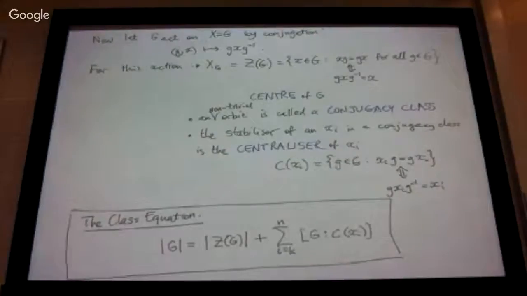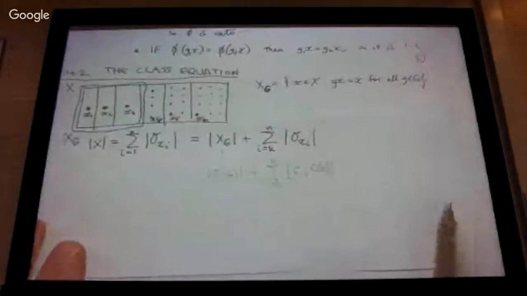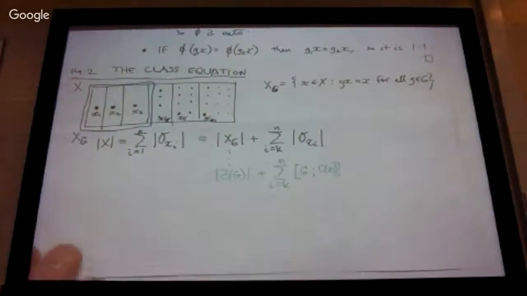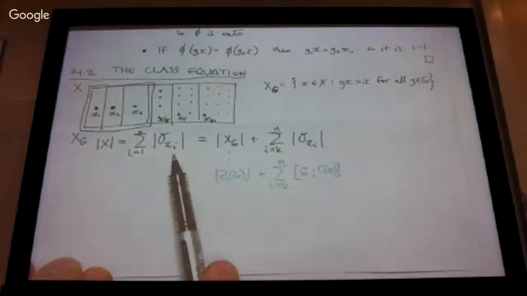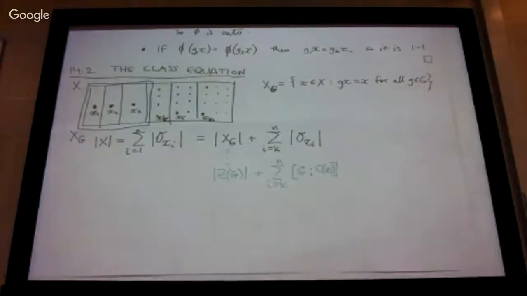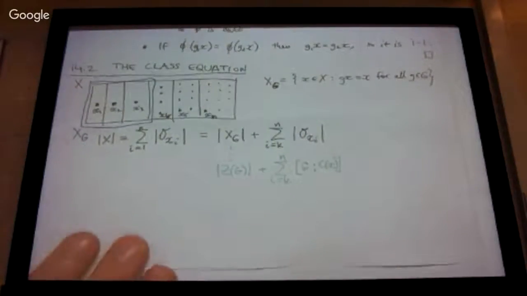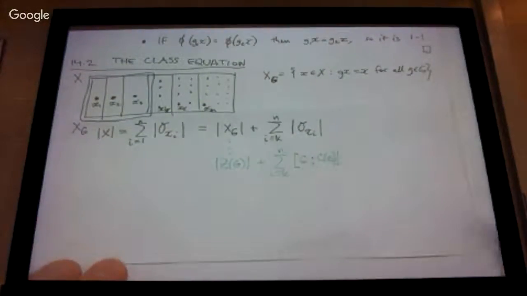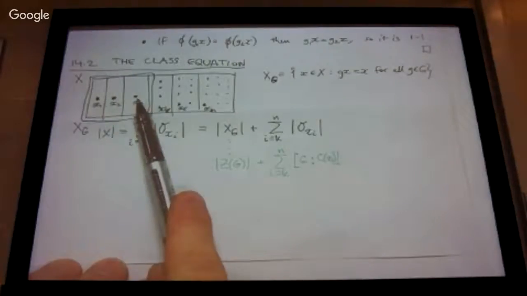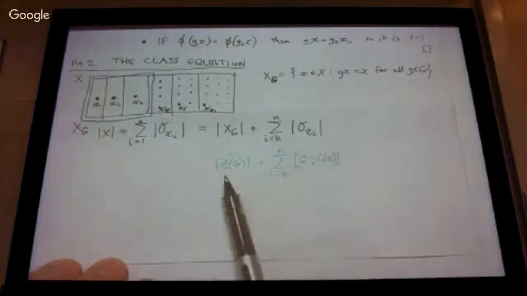And what did we do? We looked at a simple thing which says that the size of the set X is equal to the sum of the sizes of all the orbits, because it's a partition. And now in a special action, which is by conjugation, these elements that can only move onto themselves form what's called the center of the group.